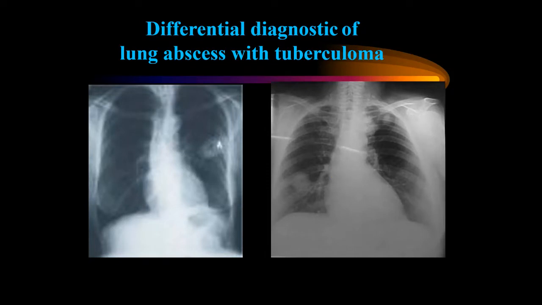On these pictures you can see differential diagnosis of the lung abscess with tuberculoma. Here is the tuberculoma with small calcification shadows. Here you can see the lung abscess in the pneumonic, infiltration stage, without any clear horizontal level.